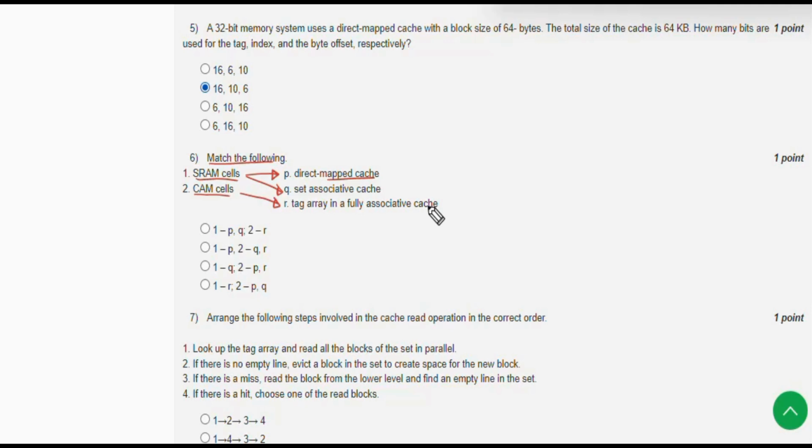Okay, so 1 matches PQ and 2 matches R. So I select.